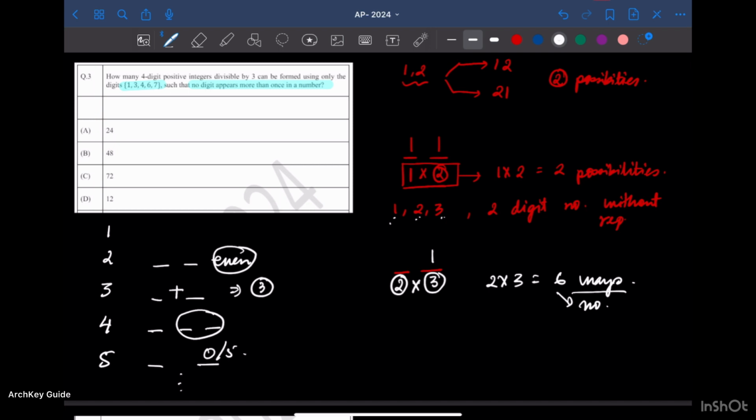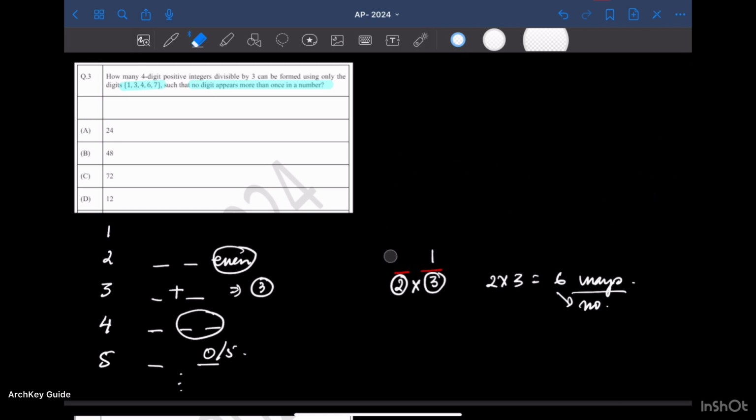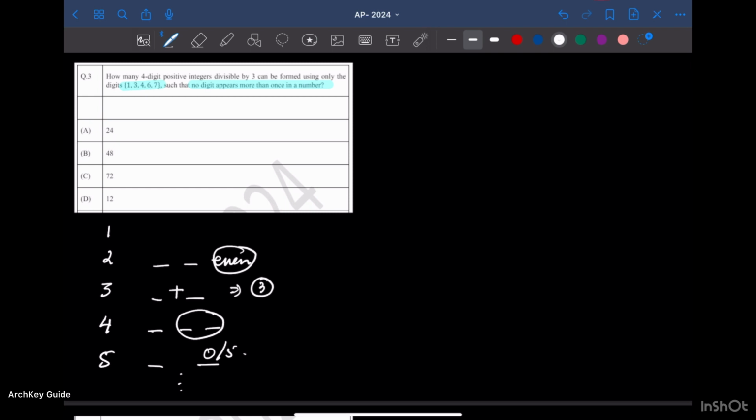So coming to this question, what are the options that we have got? We have 1, 3, 4, 6, and 7.